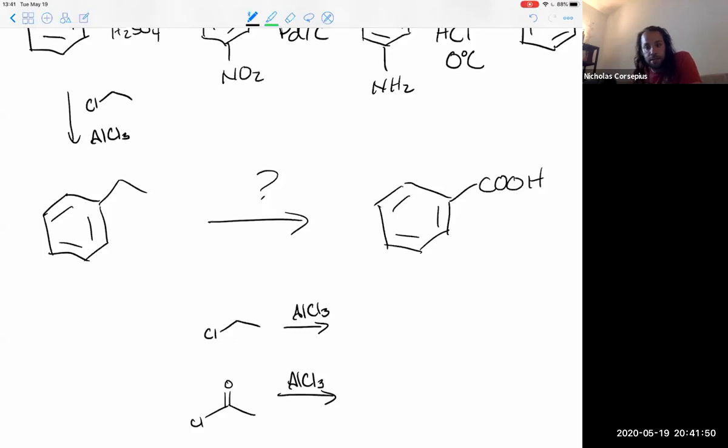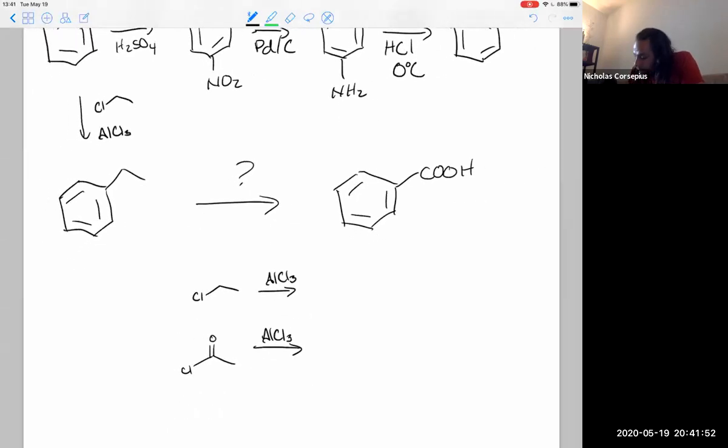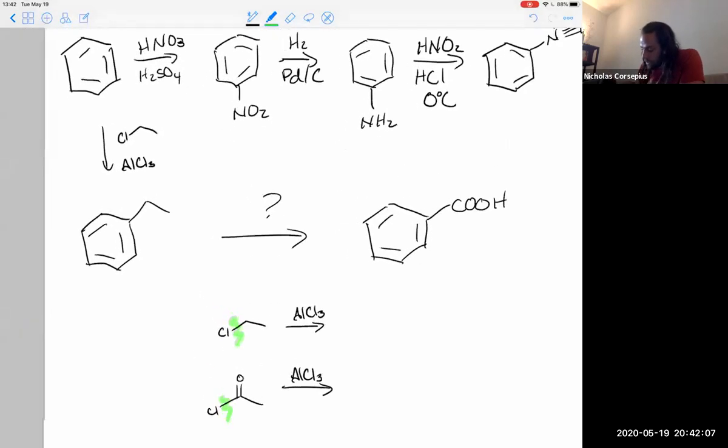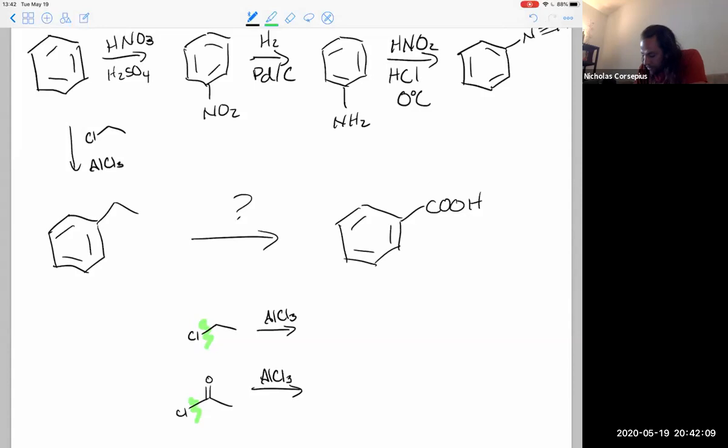And in both cases, it's doing the exact same thing. It's removing that chlorine, creating a carbocation. So when you see AlCl3, you're thinking it's going to pop a chloride off there. Okay, so that's exactly what this does. Absolutely, so this will catalyze.